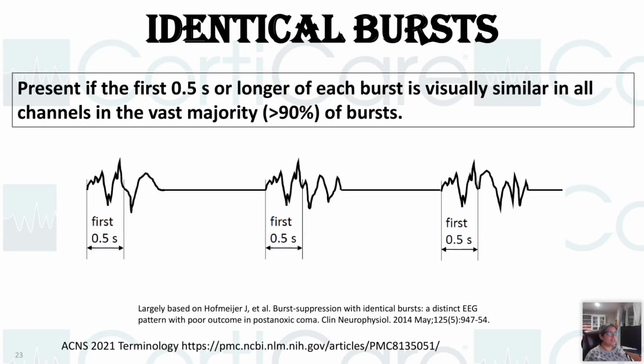So the identical bursts are present in the first half second of your burst, okay? It is visually similar in the majority of the bursts, almost 90% of the bursts look like this. And if you are ever hooking up a patient with cardiac arrest, just look at their bursts. Most of their bursts are identical.